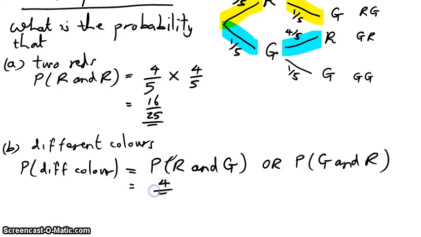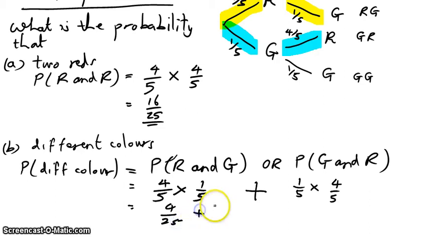So it's 4/5 multiplied, because that word and, by 1/5. Or, and we discussed that before about or being add, we're looking at 1/5 for green and 4/5 for red. So this gives us 4 times 1 is 4 over 25, added to 4 times 1 is 4 over 25.